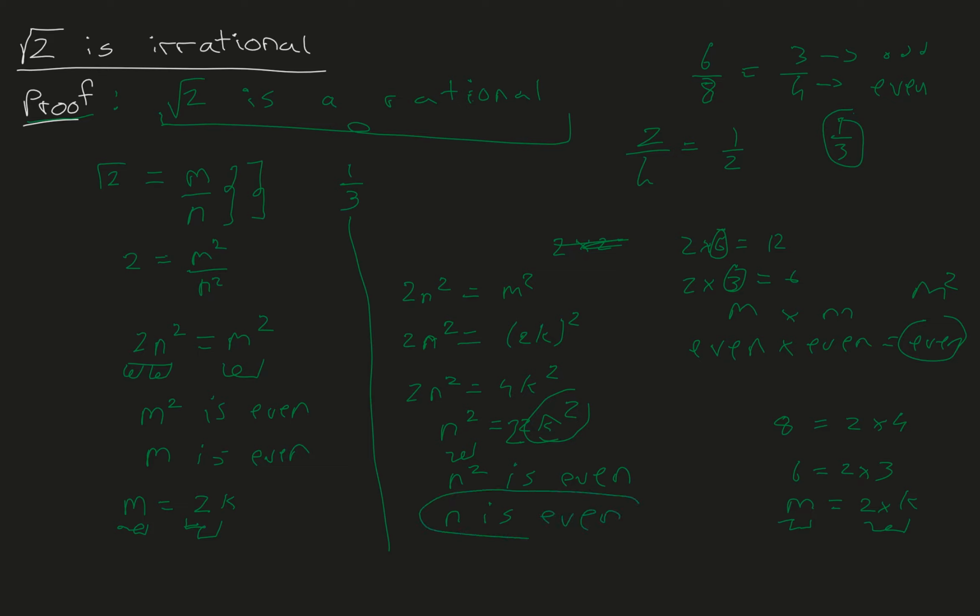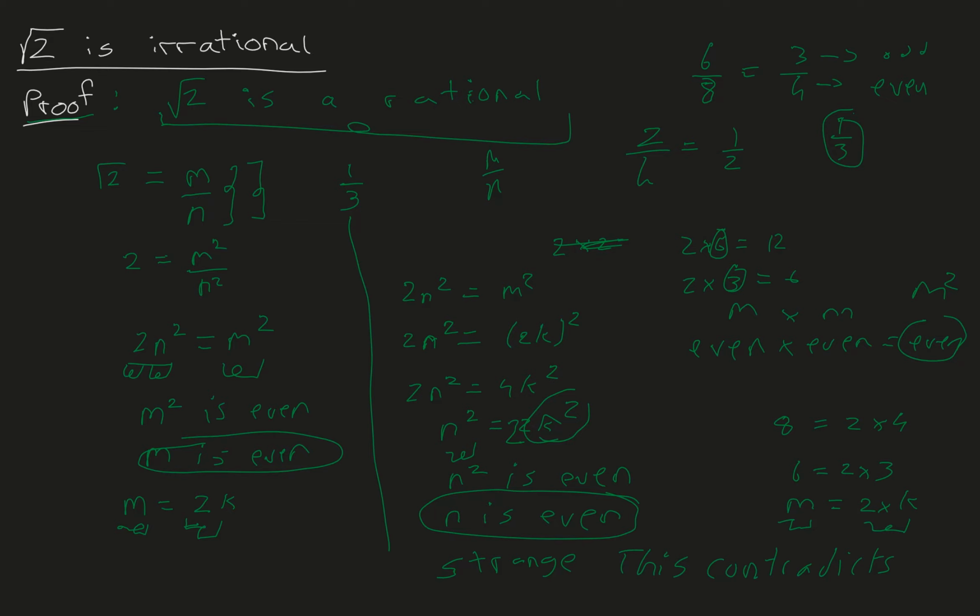So we get that n is even and m is even, but this is a contradiction. This is strange. This contradicts, because we just assumed that m over n is in its reduced form. That means they cannot both be even. If both of them are even, then they can both be divided by 2 to get an even simpler reduced form.